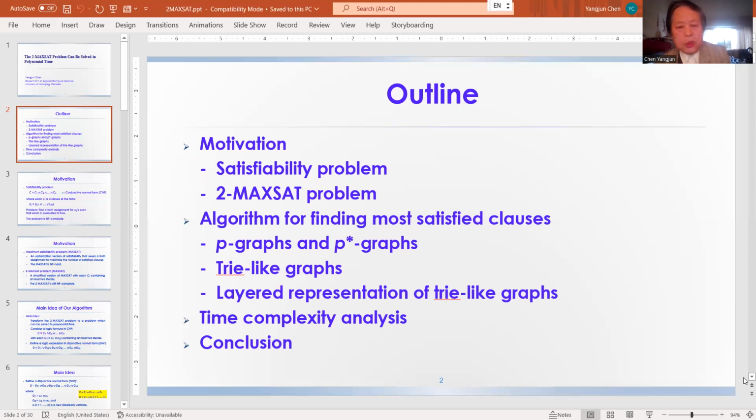Then by using the layered representation of a tree-like graph, we can solve the two-merge sort problem efficiently. Then I analyze the time complexity of this algorithm. Finally, I conclude with a brief summary of this talk.